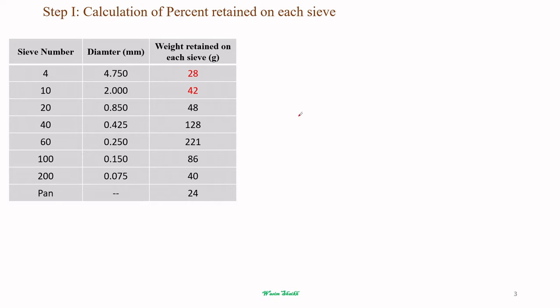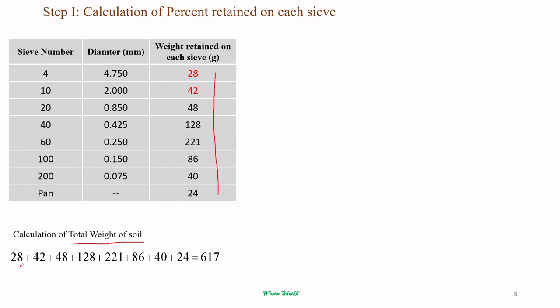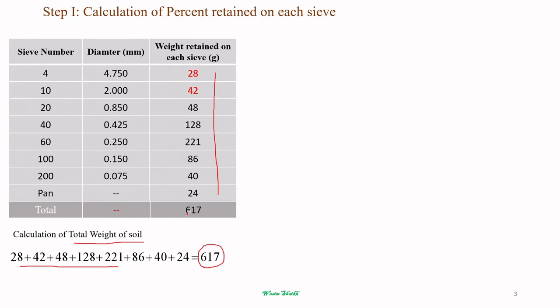In order to do that, we first calculate the total weight of the soil. How can we calculate that? Just add all of these values. All these values are added and that value is 617. I have written down that value at the bottom over here, 617 gram. That is all the soil used for sieve analysis.